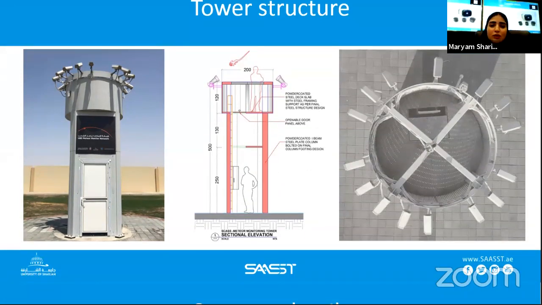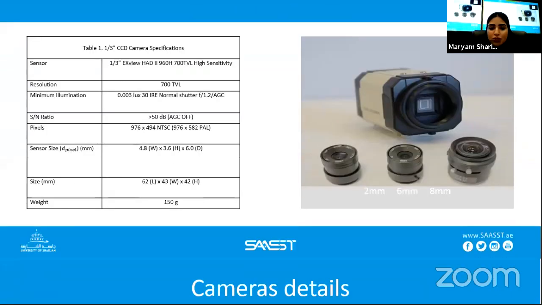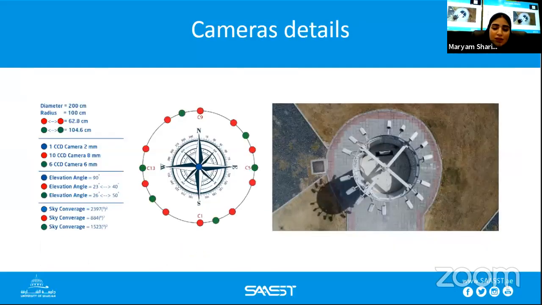Moving on to camera details, as I mentioned, there are three different lenses. The 2 millimeter is for the wide sky camera, and the 6 and 8 millimeter are distributed all over the ring. We're using the CCD Sony camera for this project. Here you can see the distribution of the cameras.